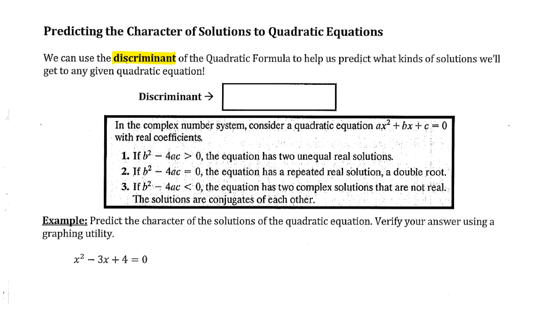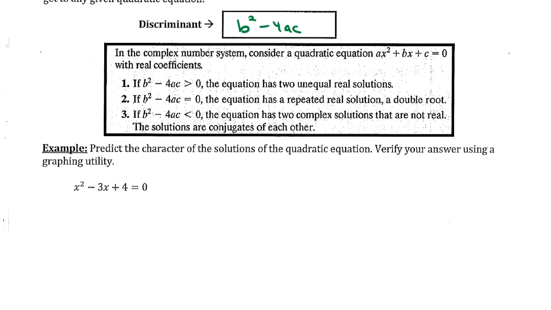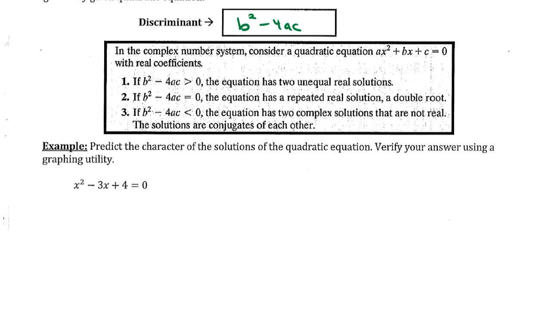And the discriminant is defined as the inside part of the square root when looking at the quadratic formula, in particular b squared minus 4ac. Now, we know that we just plug in the values of a, b, and c from the quadratic equation itself to help us evaluate this expression, as well as the different parts of the quadratic formula.